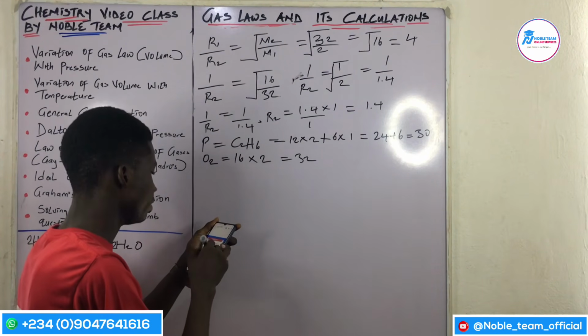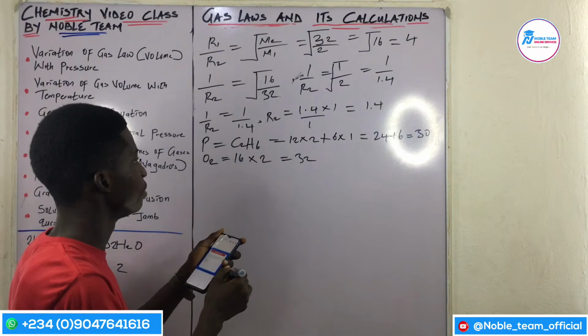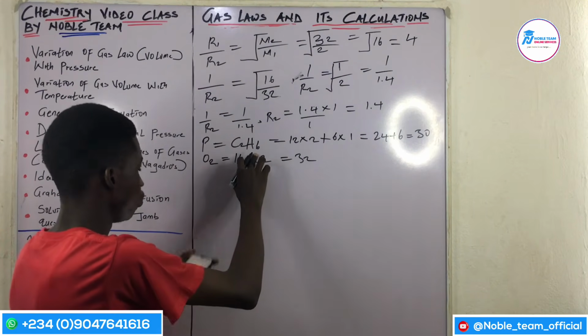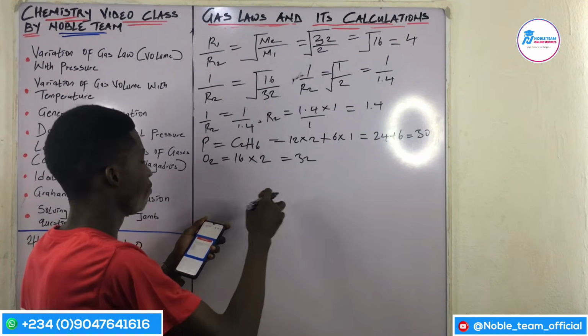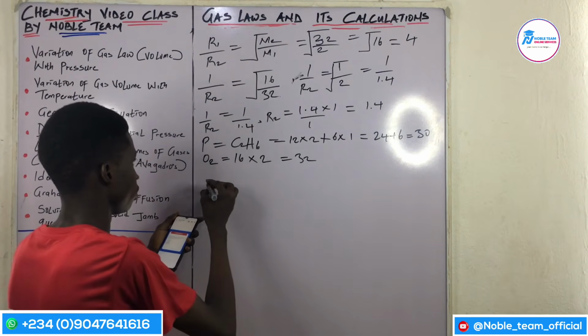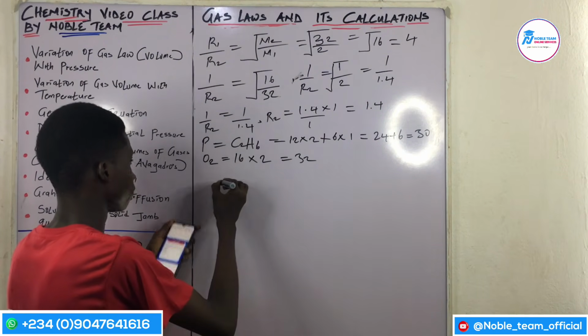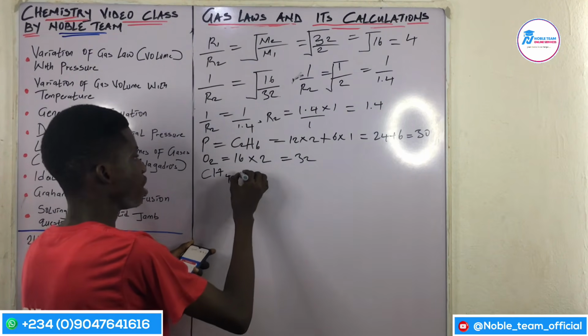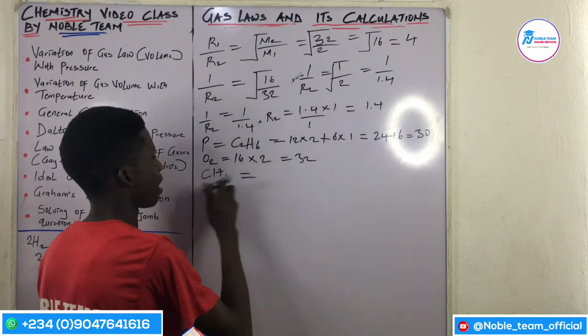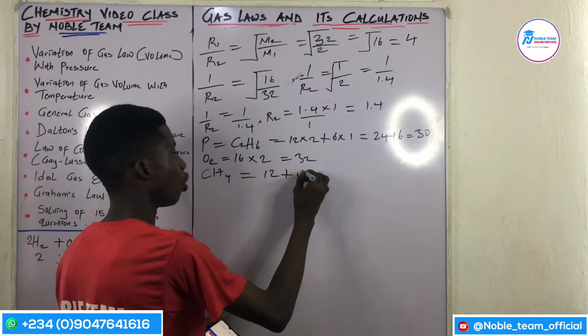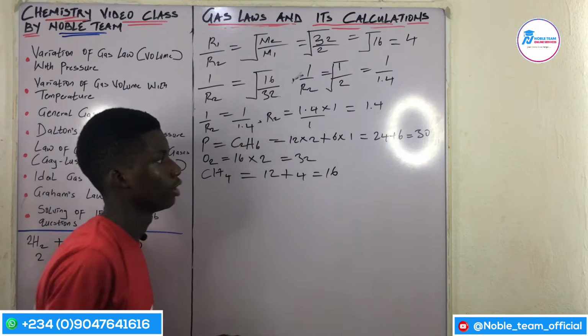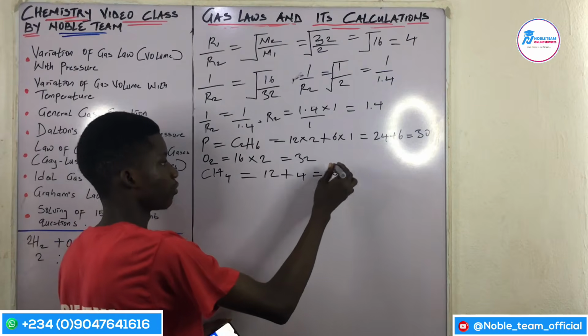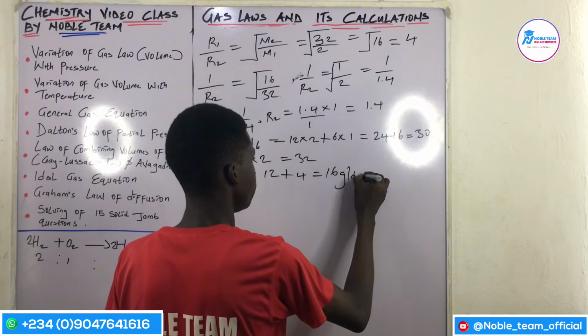Now we have methane. Did I make any mistake here? No. Methane is CH4. CH4 is 12 plus 4, which is equal to 16. So I've gotten the relative molecular mass of this, gram per dm cube.